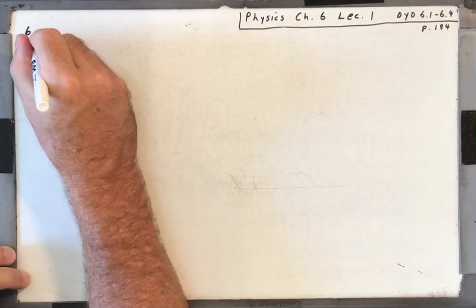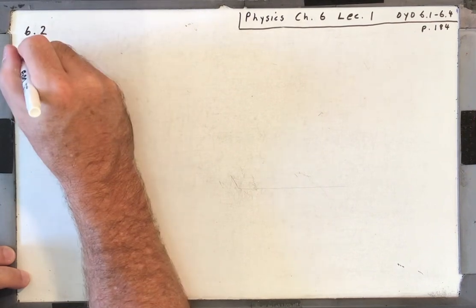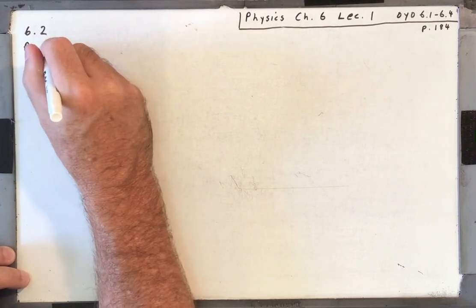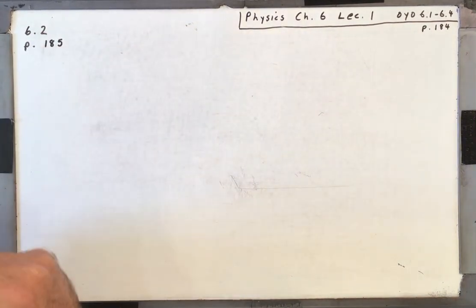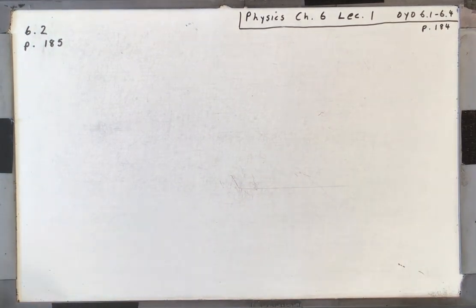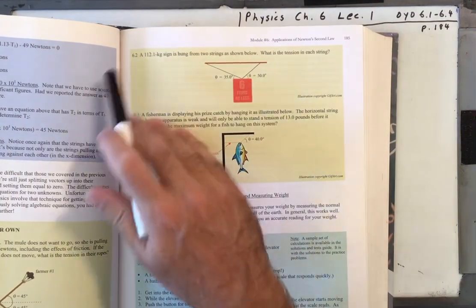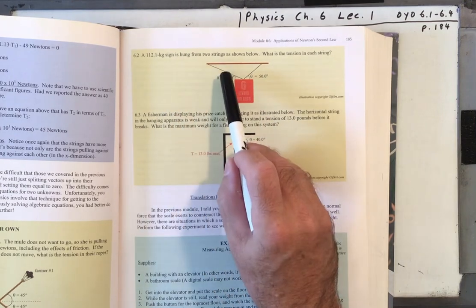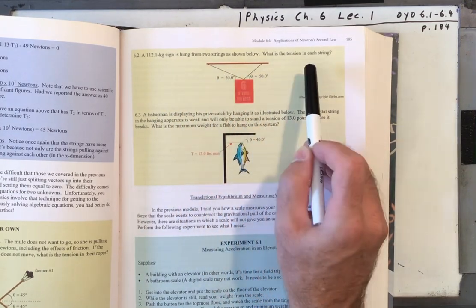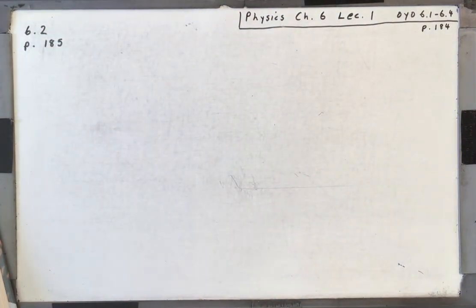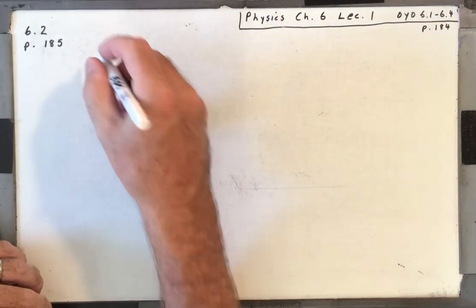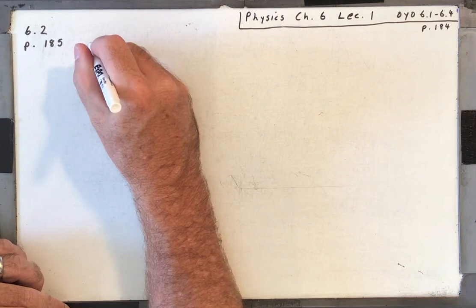All right, 6.2 is just on the next page, page 185. So it says a 112.1 kilogram sign is hung from two strings as shown below. What's the tension in each string? Okay, so first of all, I need to get the weight of that sign.